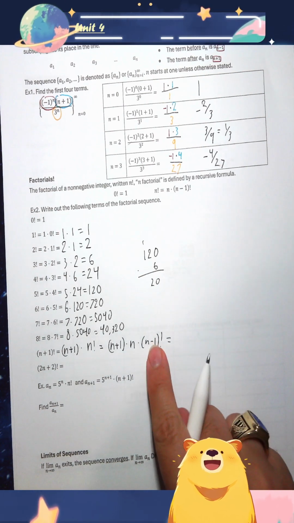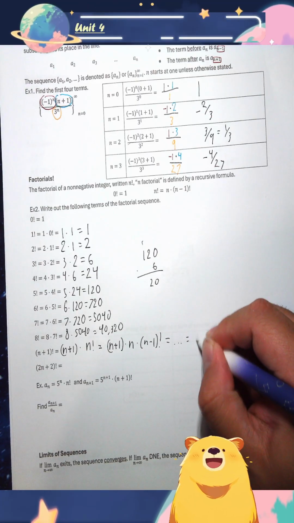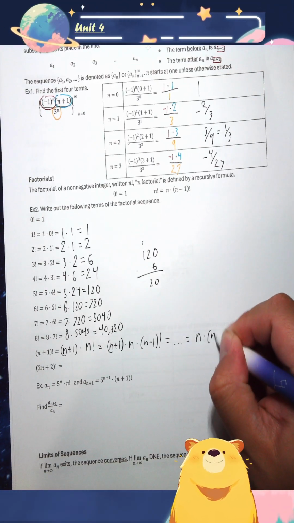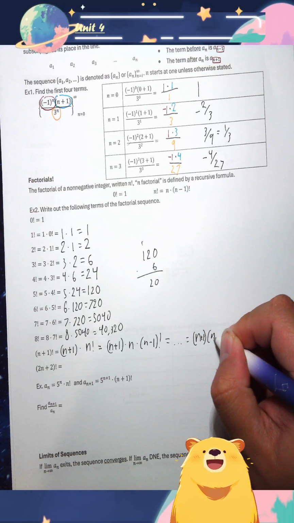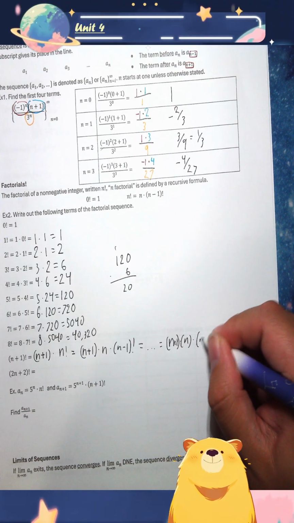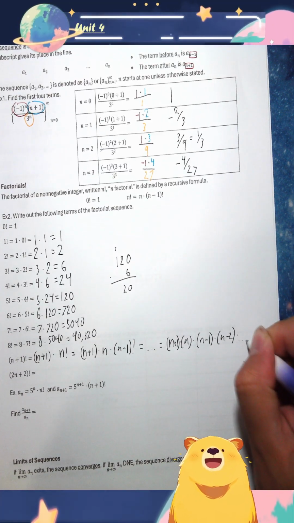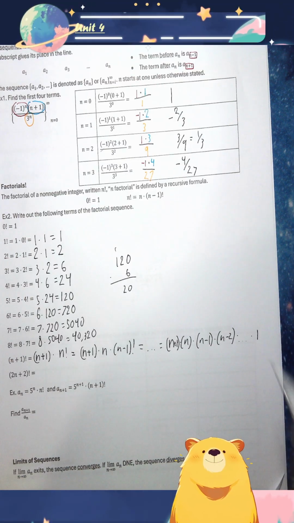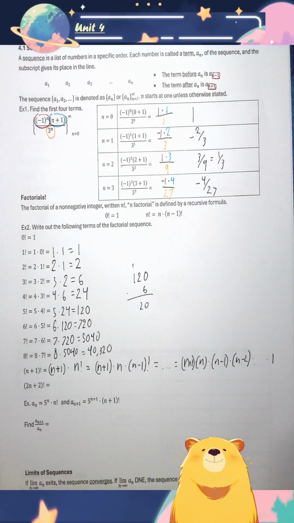And you can keep expanding this last factorial part until you get (n plus 1) times n times (n minus 1) times (n minus 2), and you would keep going until you have 1. And that would be your answer.